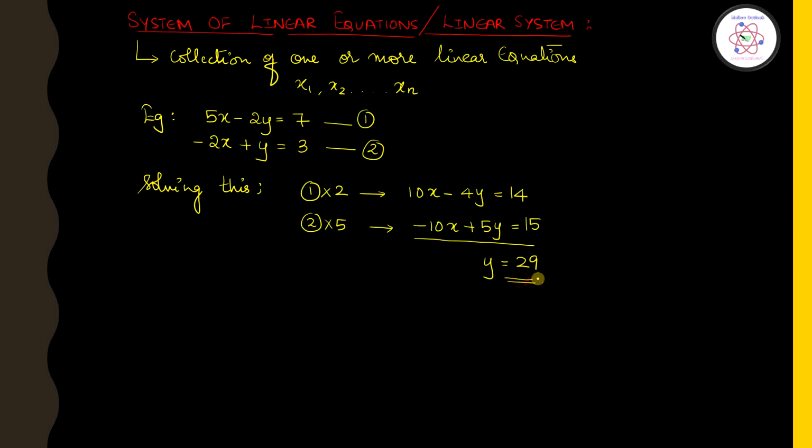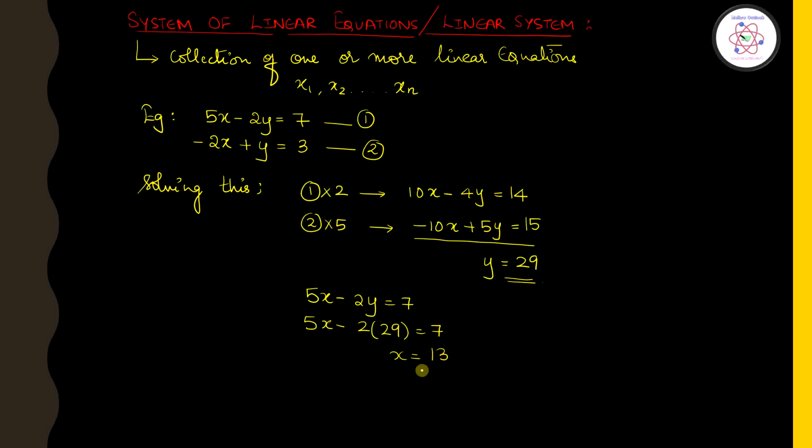So I have obtained the variable y. Now let me substitute this back in one of the equations. I can substitute in 5x minus 2y equal to 7. So 5x minus 2 times 29 equal to 7, or x is equal to 13.